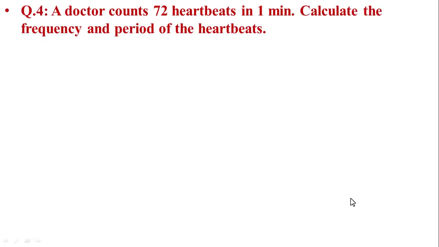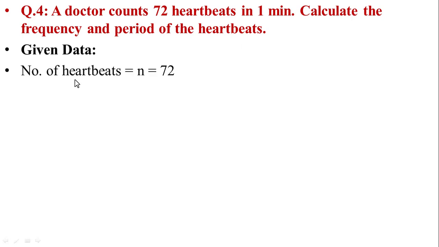Now we can solve numerical number 4. In numerical 4, a doctor counts 72 heartbeats in 1 minute. Calculate the frequency and time period for the heartbeats. First of all, we write the given data.